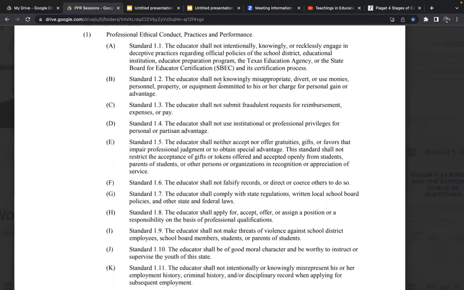The educator shall not knowingly misappropriate, divert or use monies, personal property or equipment committed to his or her charge for personal gain or advantage. That would not be something teachers at private schools would have to do. They could take the money and use it however they like. We have to abide by a lot of ethical guidelines and practices.